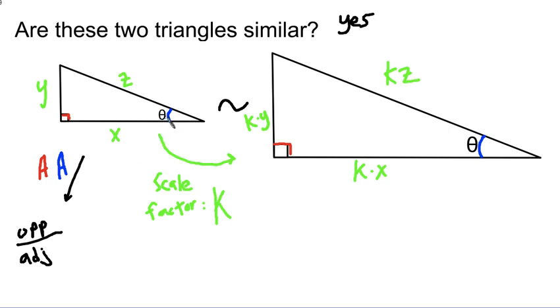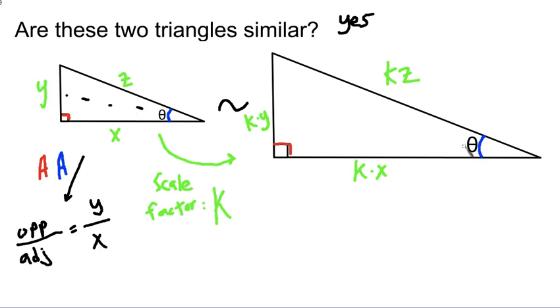So from theta's perspective, what is the ratio of opposite to adjacent? Well, from theta, the opposite length is called y, directly across from that point of reference. And from theta, the adjacent length is called x, because that's right next to that angle of theta. So the opposite adjacent ratio for the small triangle is y over x.